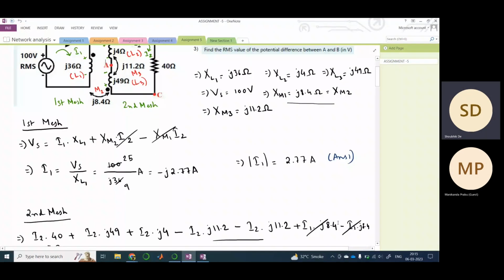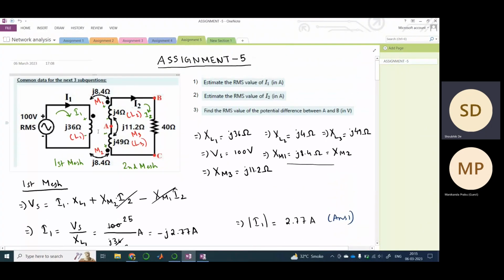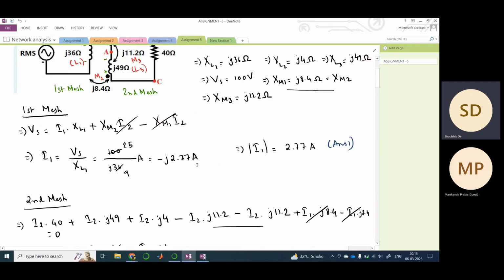And again these two terms are I1 into J8.4. This is L3 and L1. See here, I2 is flowing through L3. Here it is entering through the positive terminal of L3, and I1 is also entering through the positive terminal of L1.